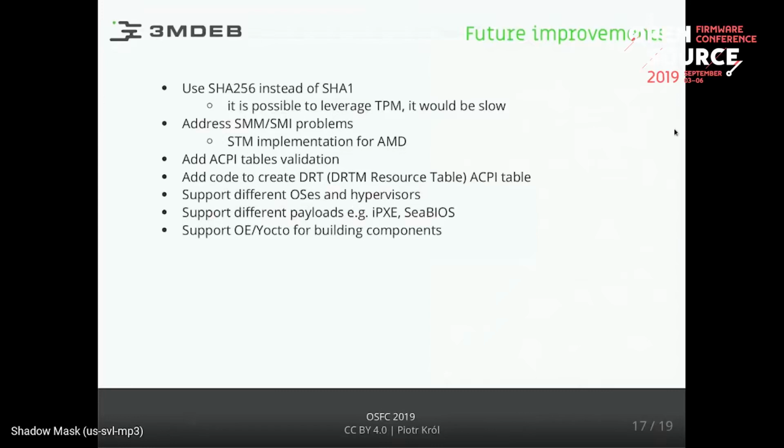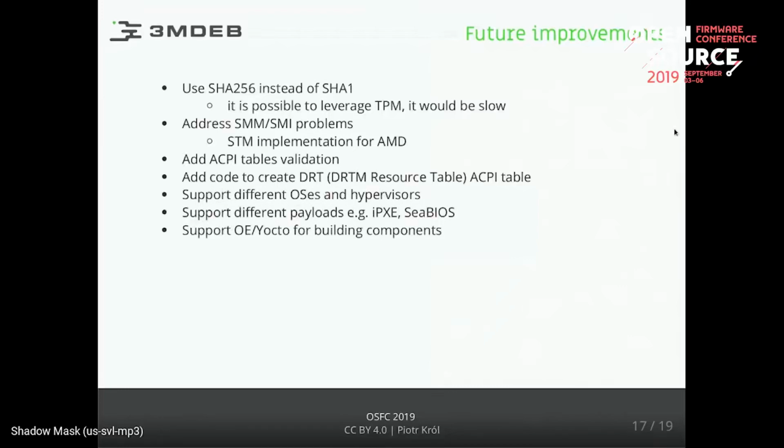This is the way we can check that SMIs were not modified. We're not measuring ACPI tables, and we should. The DRTM specification says clearly that we should do that. There is even a special DRTM resource table which should be created.